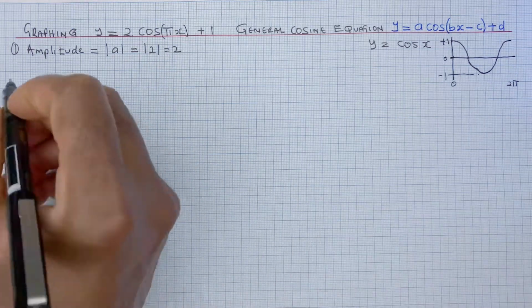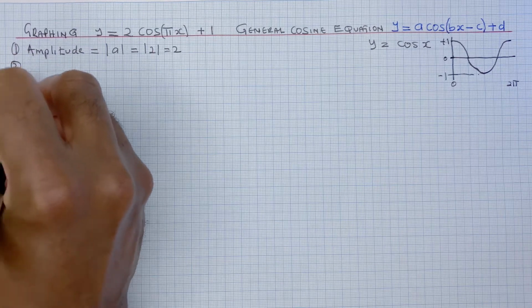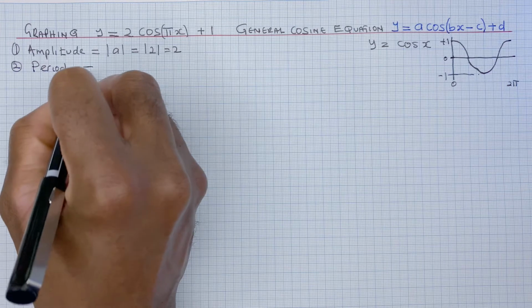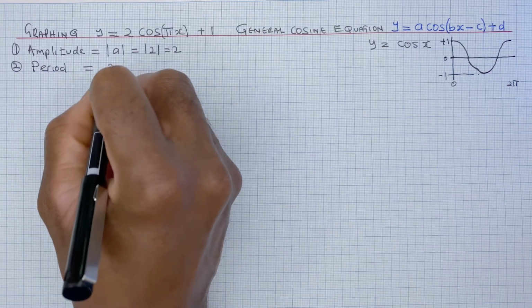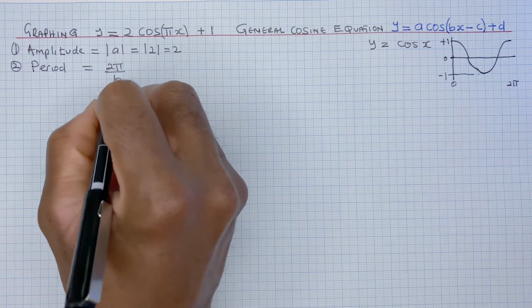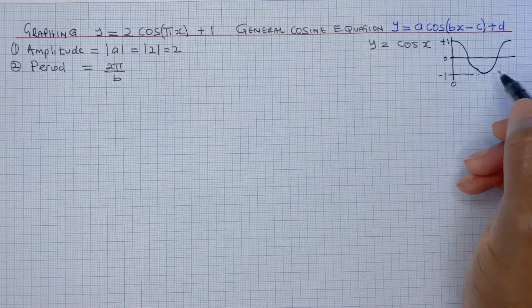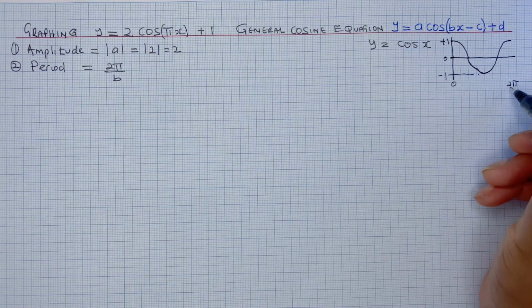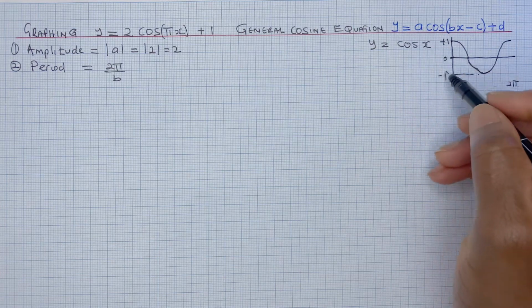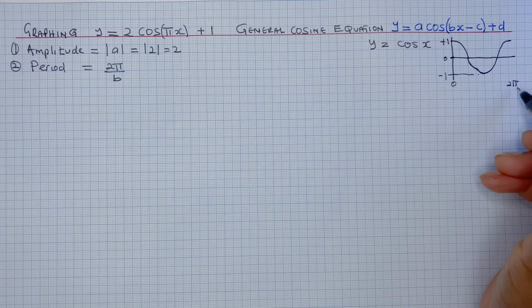The next thing to do is to find the period. And period is 2 pi over b. In this case, for the parent function, the period is 2 pi over b, but b is 1. So 2 pi over 1 is still 2 pi.